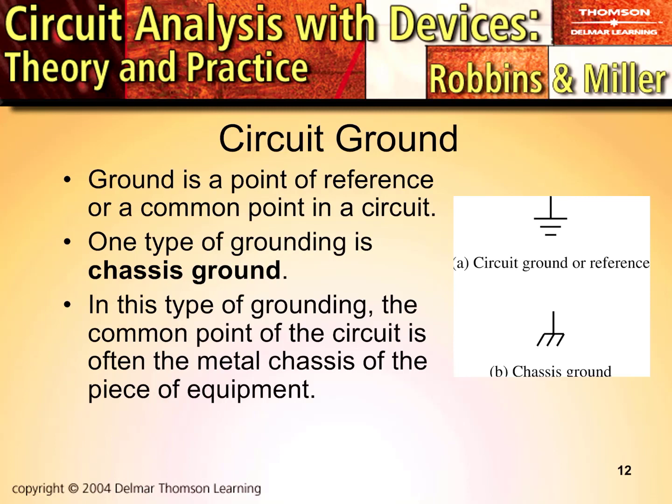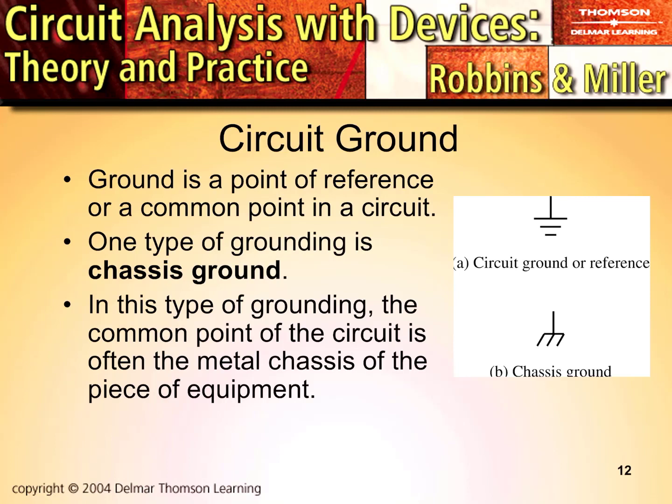So if we can just start with that statement and realize we're going to back up and say, what is circuit ground? Circuit ground is simply an assigned point of reference. Okay, I'm going to say that again. Circuit ground is simply an assigned point of reference. So let's say we go back to E-lab number 1 where we had several points, A, B, C, D, and I said I'm going to assign point C as reference. You will use that as reference for all voltage measurements.